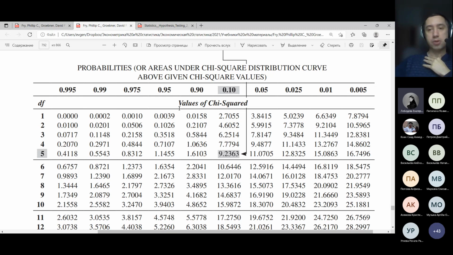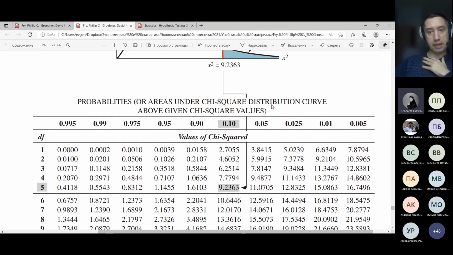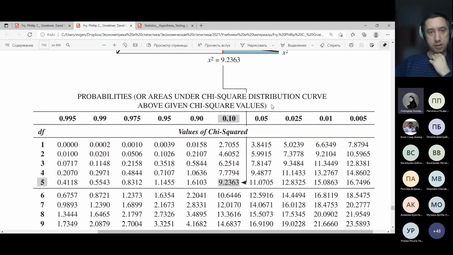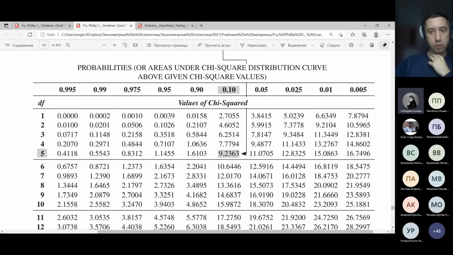Usually we start with the right column. If your task tells that you should use alpha 0.05 or 5%, you should use this column, and here you have to find degrees of freedom.